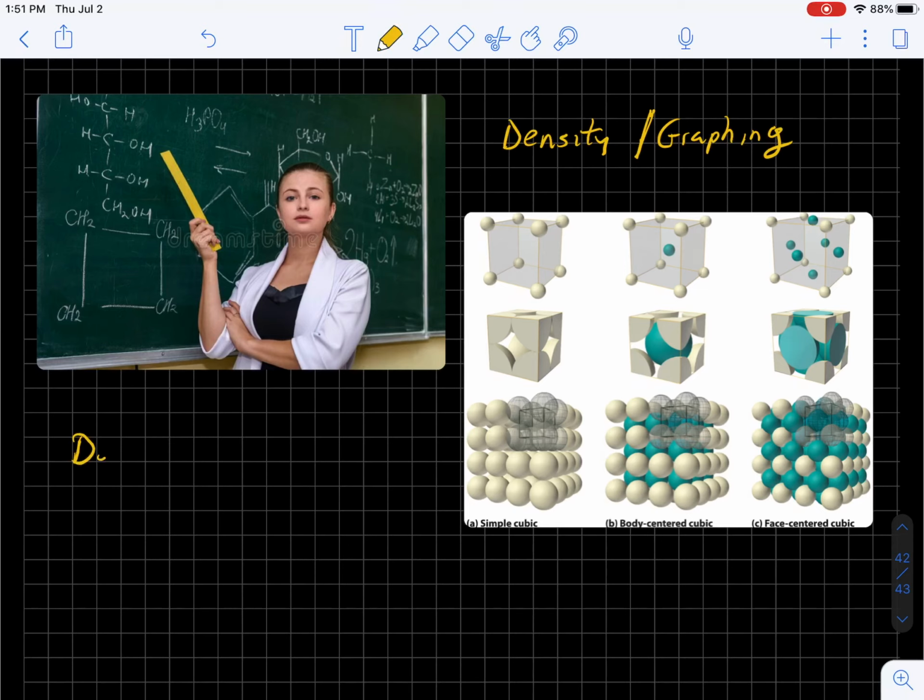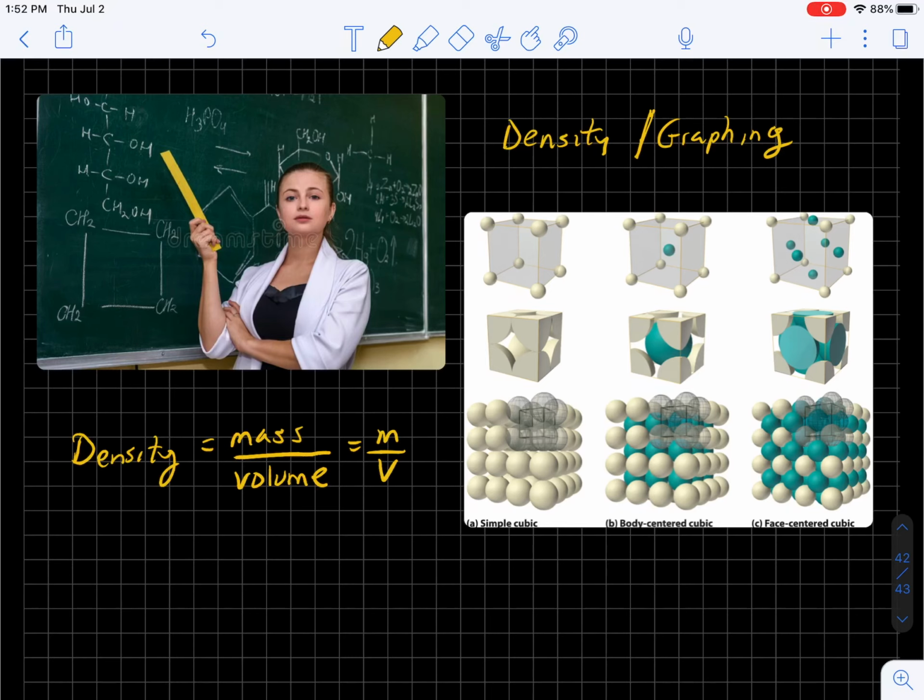You have been taught that density is the ratio of mass for a sample compared to the amount of space that it takes up. So mass divided by volume gives us our density calculation. And as far as the concept goes, there's really two main things that affect the density of a sample.